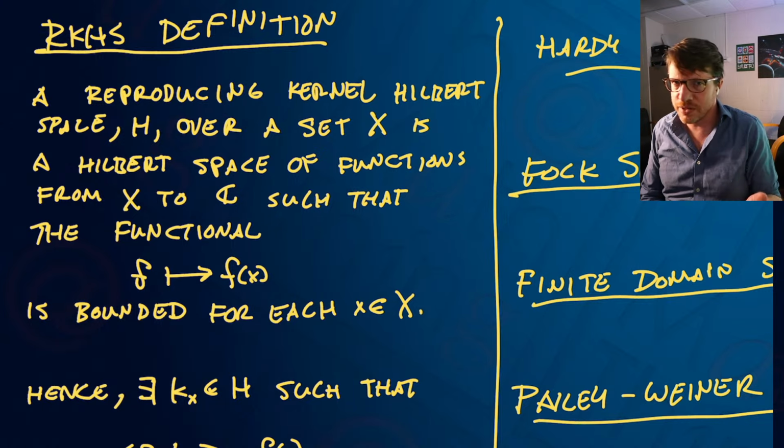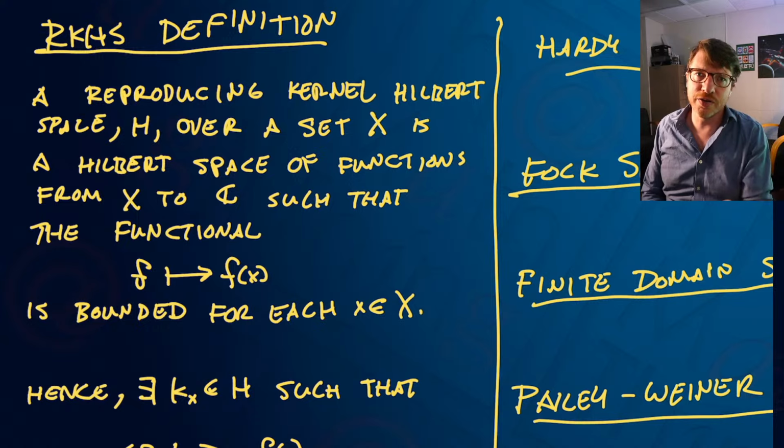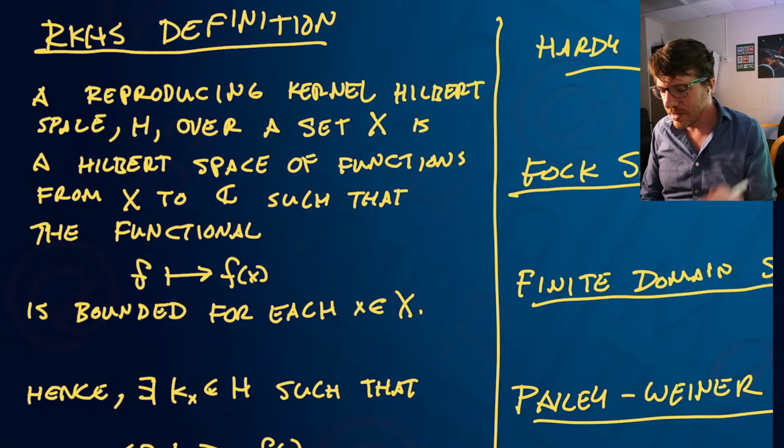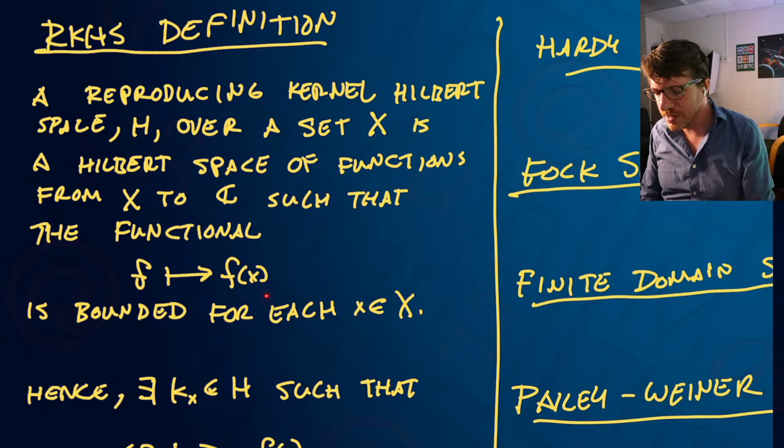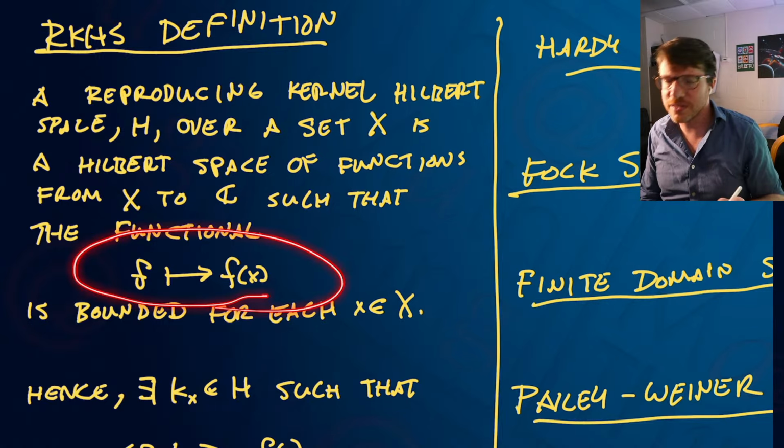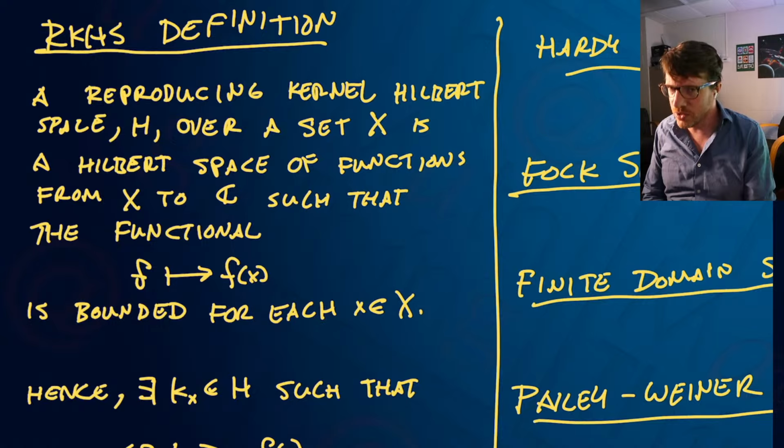So there is no sense of a value of a member in L2. They only make sense underneath integrals. So these require different kinds of functions. The Hardy space is a reproducing kernel Hilbert space, the Fock space is, the Paley-Wiener space is also, but L2 is not.